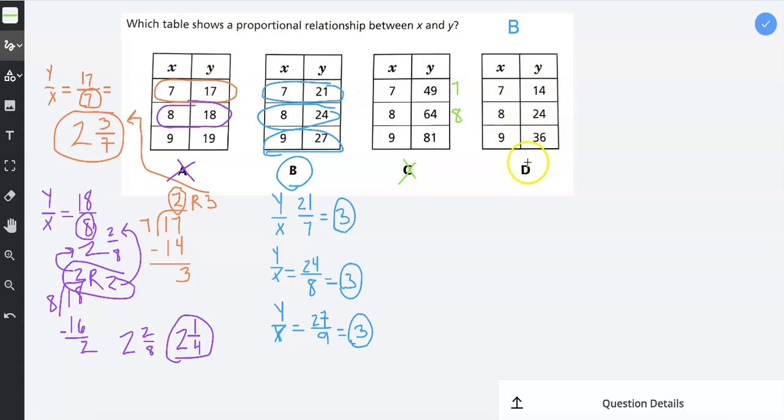Let's just look at D really quick, just to confirm our answer so we feel better that we've looked at every table. All right, y divided by x. Well, y is 14, x is 7. 14 divided by 7 is 2. 24, which is y, divided by 8 is 3. And already I see 2 different unit rates, so the answer is not D. So I feel more confident now that I've checked C and D that B is the answer.